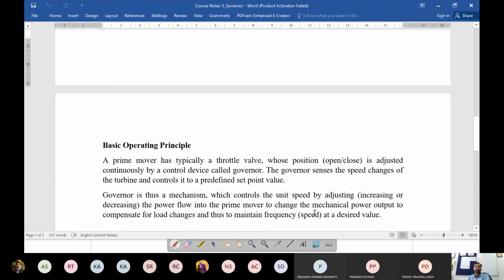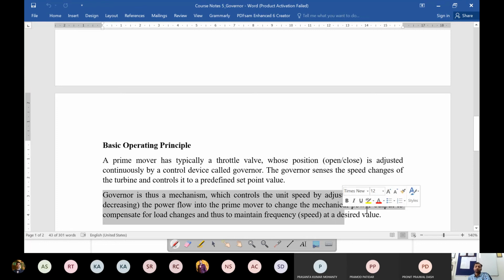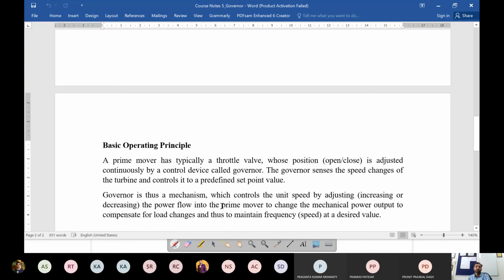That is how you can define a governor. You can treat this as the formal definition for a governor mechanism.